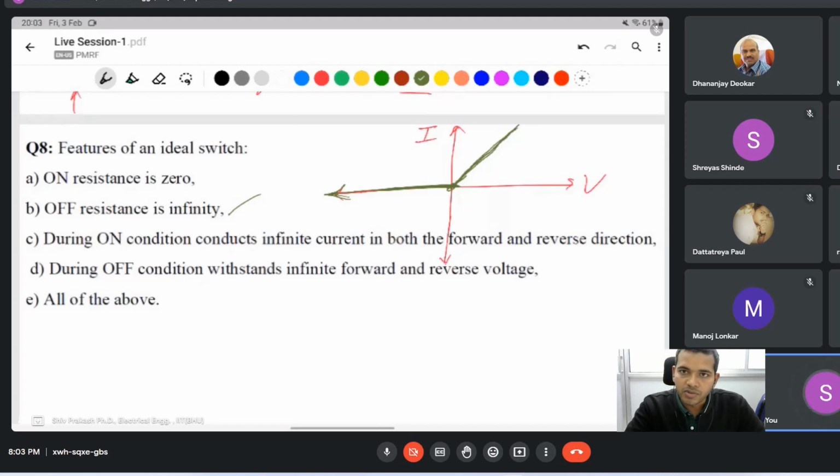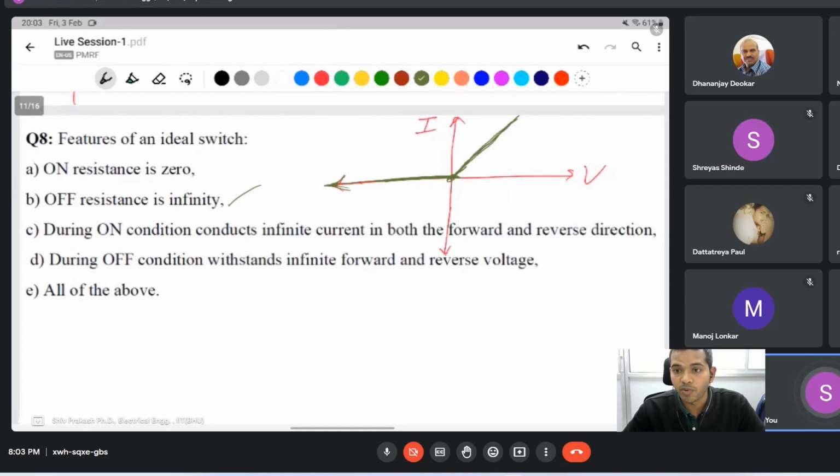IGBT also has a maximum blocking capability, and MOSFET too. Devices with 1000, 2000, 2500, even 30,000 volt reverse blocking capability are present in the market, and thyristors and IGBTs can block higher voltages, even kilovolts and more.